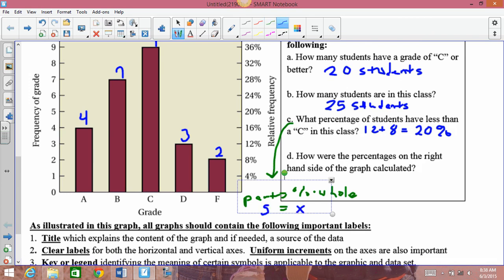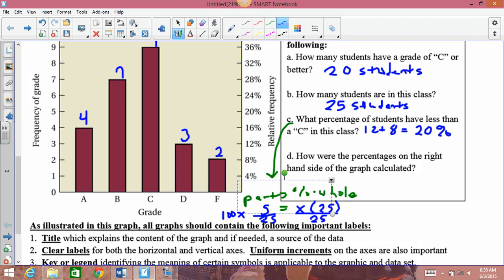I don't know the percentage, that's what I'm trying to find, and then the whole would be the total number of students in the class. In this case, we already know that's 25 students. Like we did in the last unit, divide by the number beside your letter, so divide by 25. And because you're trying to find the percentage, you take that 5 divided by 25, and you'll ultimately multiply that by 100, and sure enough, you're going to find out that that turns into 20%.